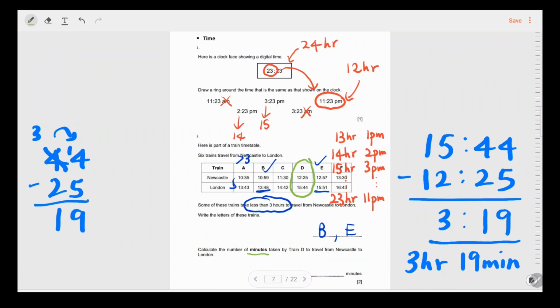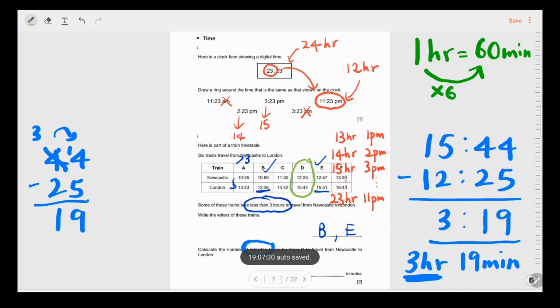But the question is asking for the answer in minutes completely. So we first need to convert this 3 hours into minutes as well. In order to do this, 1 hour is equal to 60 minutes. So we need to multiply the hours by 60 in order to find the minutes. So 3 hours would be multiplied by 60, which is 6 times 3 is 18, and we have the 0, so 180 minutes.